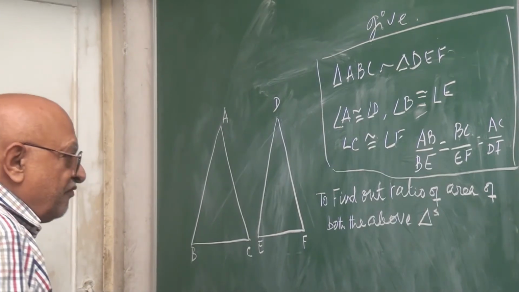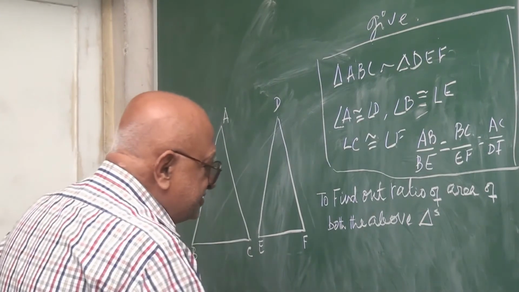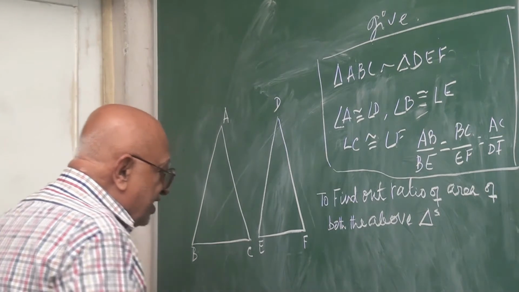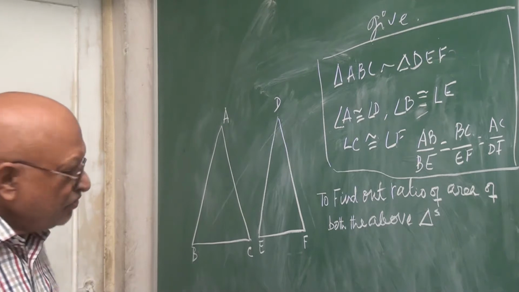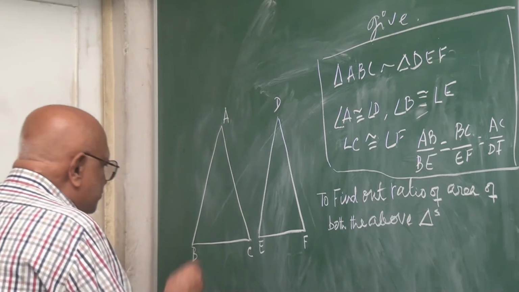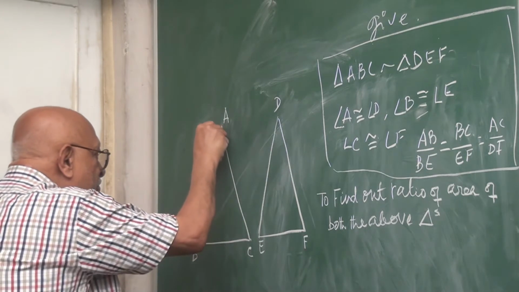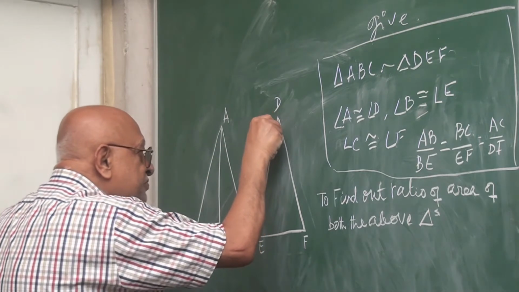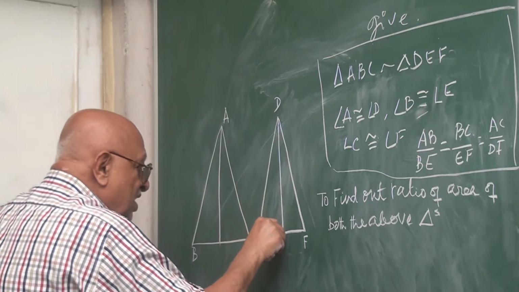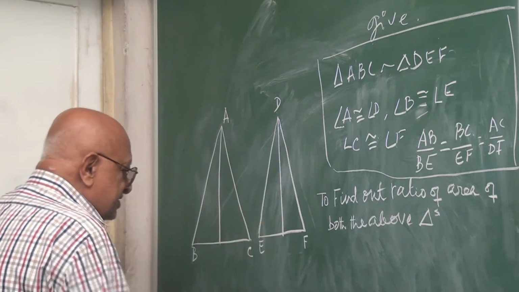Now you know, other than Heron's theorem, the only other way of finding out the area of a triangle would be to draw an altitude. The altitude is the perpendicular from a vertex to the opposite side.